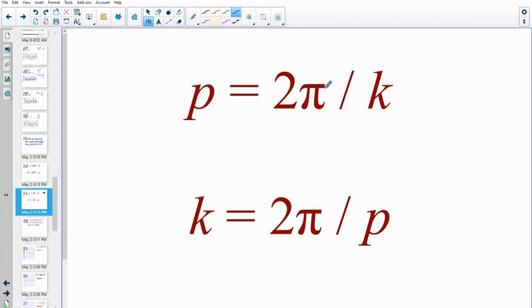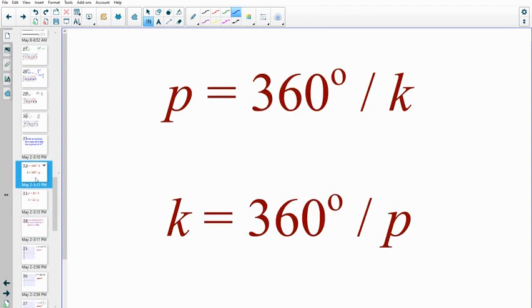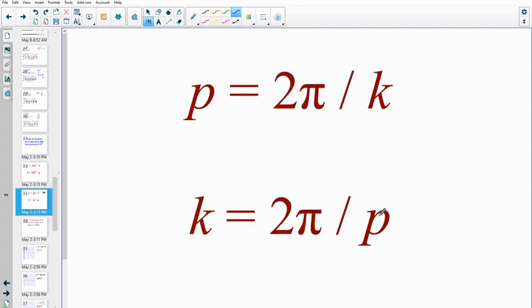Well, if I do a little bit of algebra with this equation, multiply both sides by k and then divide both sides by p, we end up with this equation. And it's kind of convenient that the way we're going to find the period from the coefficient in the equation is the same as how we're going to find the coefficient if I know what the period is. 360 divided by the period gives me that number that shows up in the equation, or 2 pi divided by the period gives me the number that shows up in the equation.